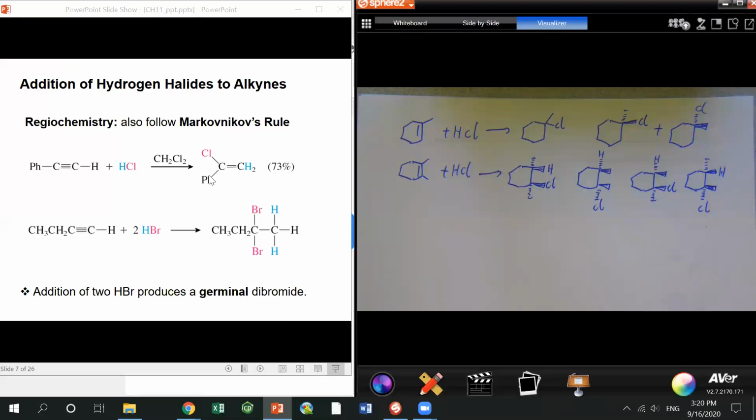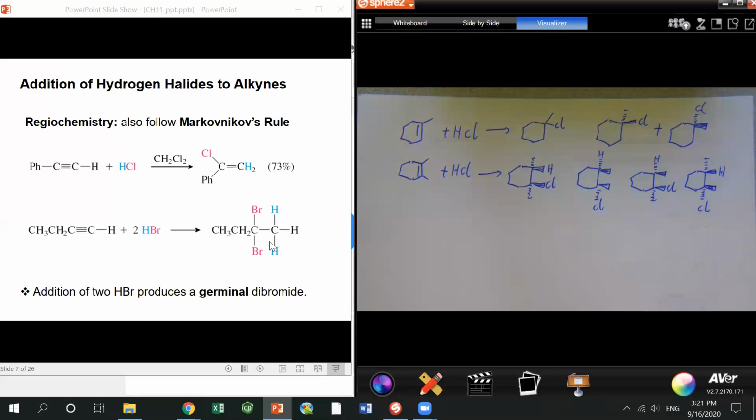And if you add two equivalents or an excess of HX, you add both pairs of HX onto the alkyne and get the dihalide, also called the geminal dihalide. Geminal means both halides are on the same carbon. The reason is that it still follows the Markovnikov rule: you add one pair and generate the internal carbon with a halide, and the terminal carbon has hydrogen, then add another pair, also Markovnikov. That should be pretty straightforward.